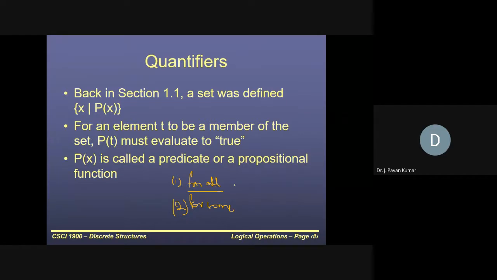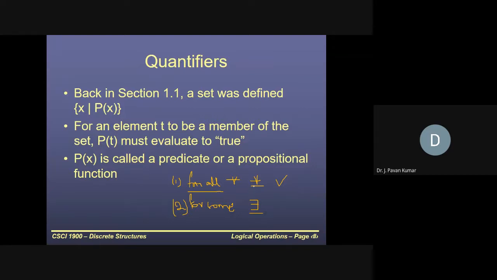For all we denote with this symbol, for all. Understand? Next, for some, we denote it like this: there exists. This is the symbol to denote for some, and we call it there exists. This we call for all. We use the for all quantifier when the statement holds the same truth value for all the allowed values.